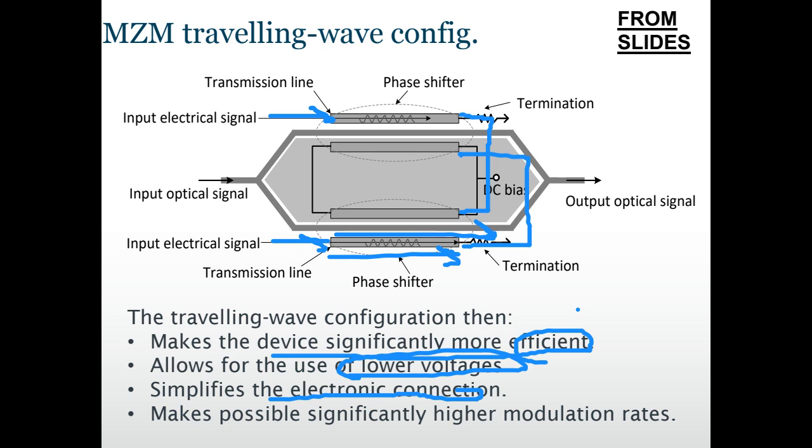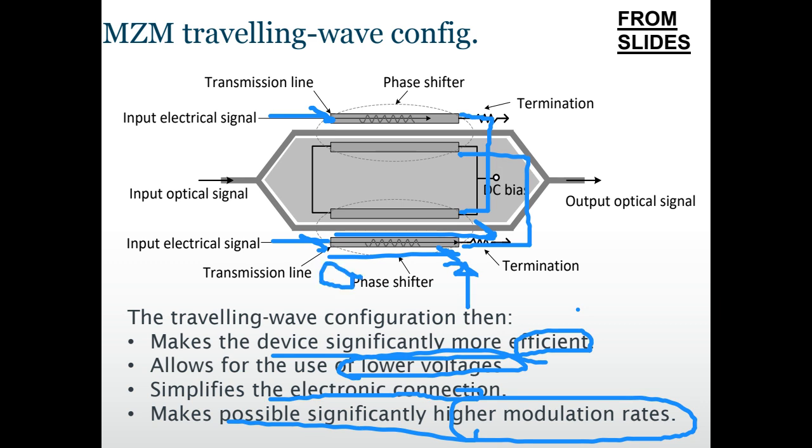This also makes possible higher modulation rates because it's more efficient. If we apply separate plates, we can modulate different amplitude levels, for example PAM-4. We'll look at that again a little bit later.